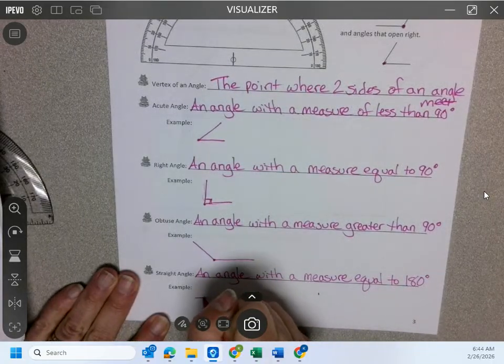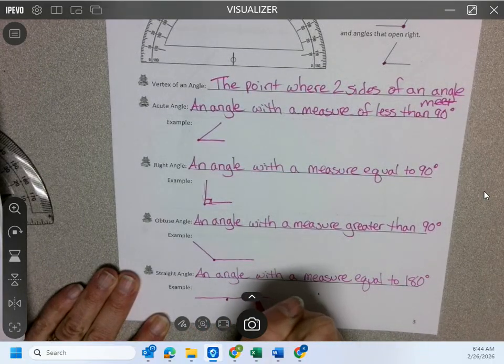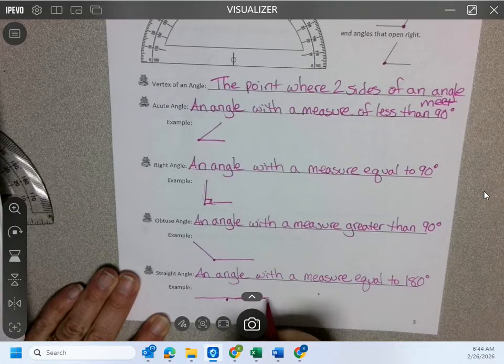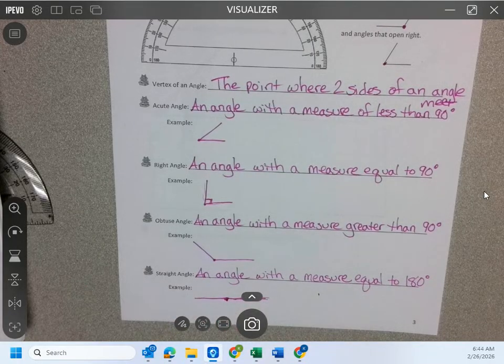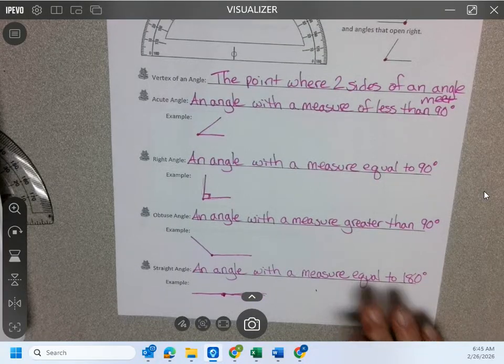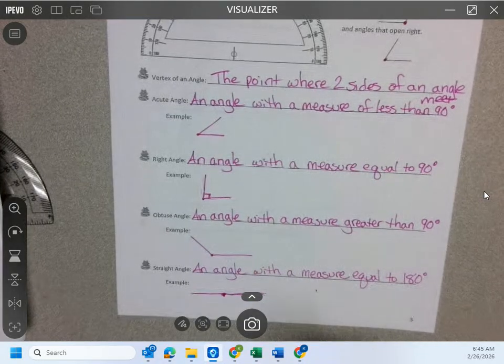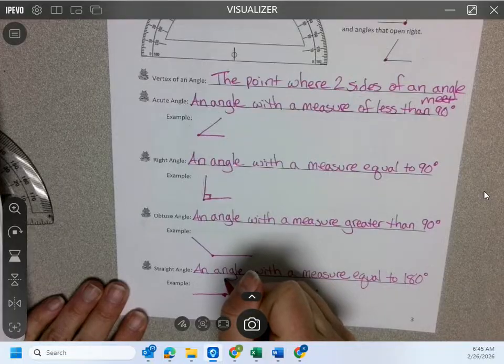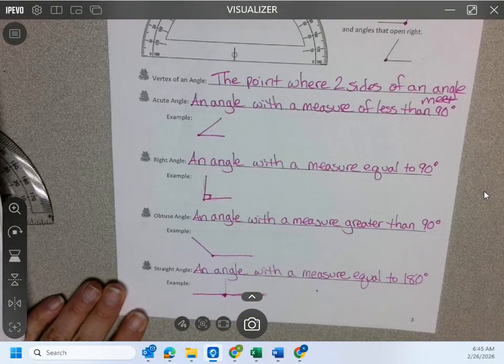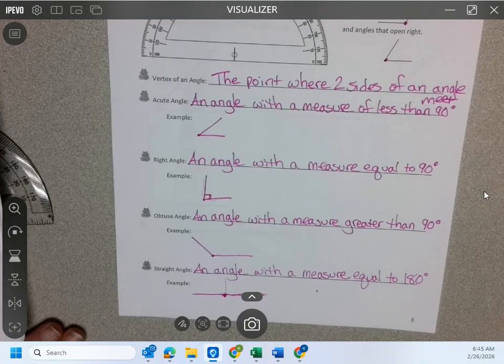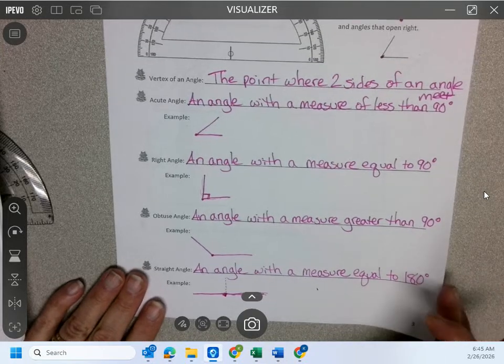So that's how we can say that straight, imagine that this is a perfectly straight line. A straight line is a straight angle, and it is exactly 180 degrees. So the straight angle, we can imagine that it's two 90-degree angles next to each other. 90 plus 90 is 180. So two right angles would equal a straight angle.